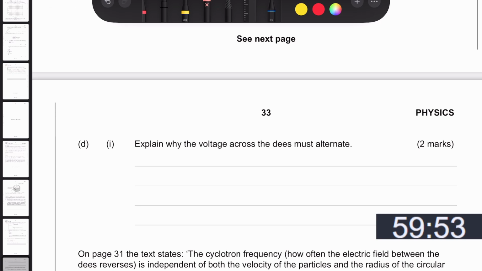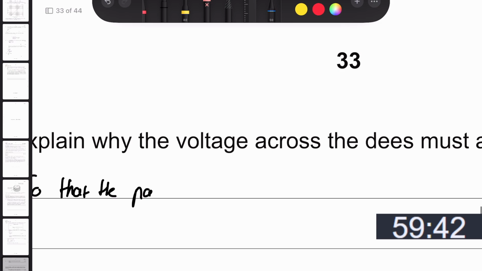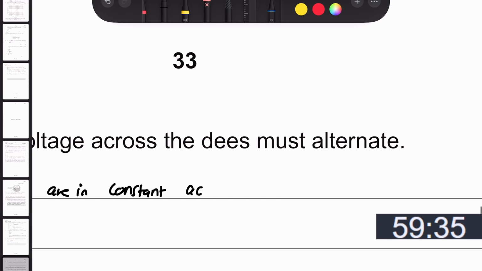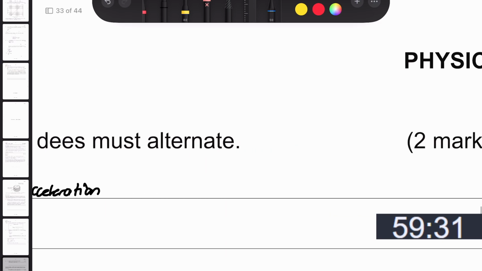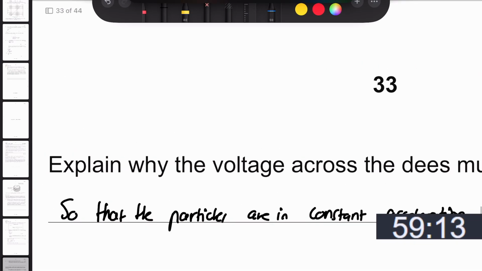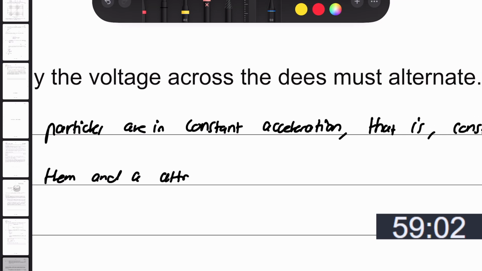Explain why the voltages across the Ds must alternate. So that the particles are in constant acceleration, that is, constantly experiencing a repulsive electrostatic force behind them and an attractive electrostatic force in front of them.